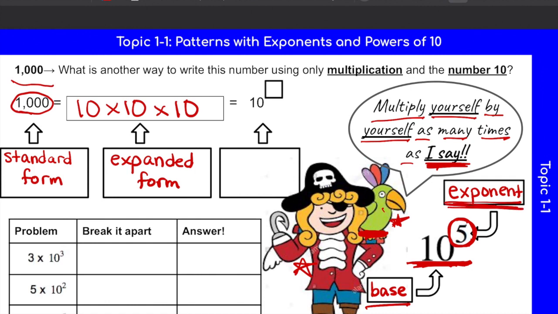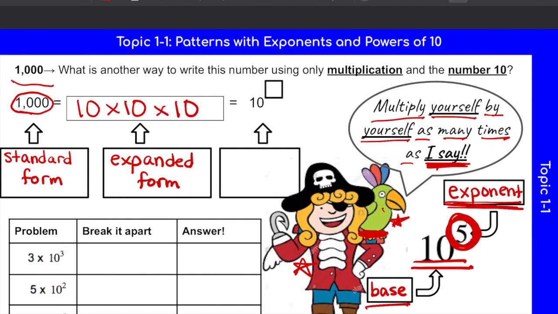So let's look at that one more time. We're saying for this 10, we're saying multiply yourself. The parrot, this 5, is saying multiply yourself by yourself as many times as I say.